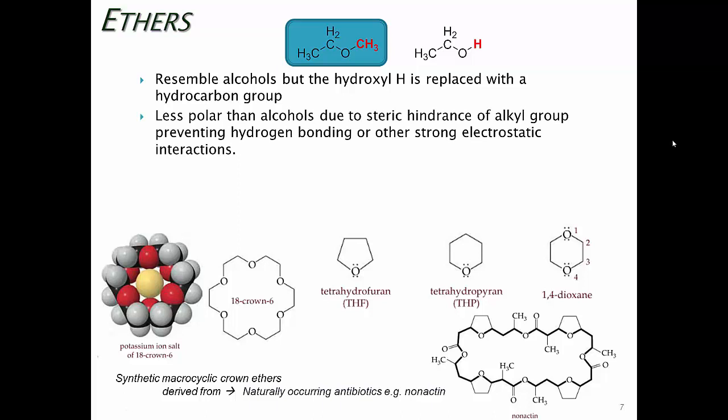They're less able to interact with water and make hydrogen bonds, and that's due to steric hindrance, the bulkiness in three-dimensional space of that group that's coming off the oxygen. That's blocking the hydrogen bonding from occurring.